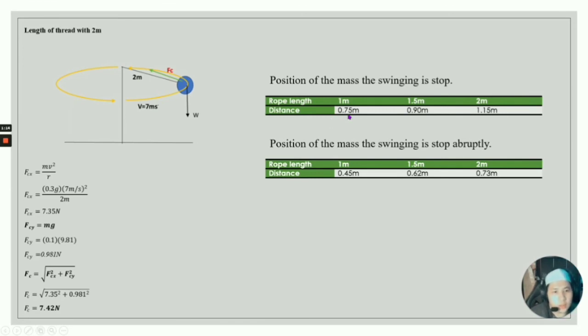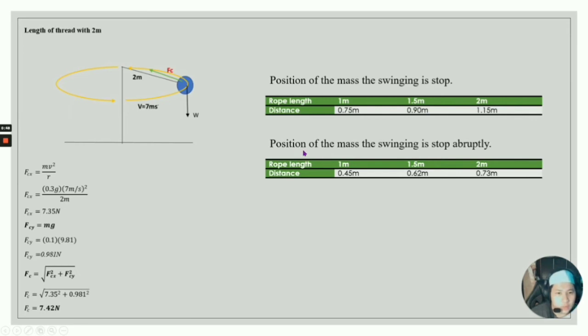For 1 meter we get 0.75 meter, for 1.5 meter the distance is 0.90 meter, and for 2 meter we get 1.15 meter.